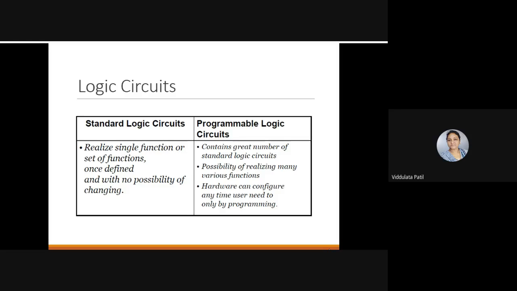Akshay? Avinash? Yes, madam. What is meant by a logic circuit?